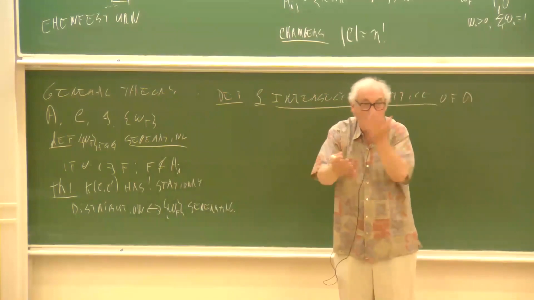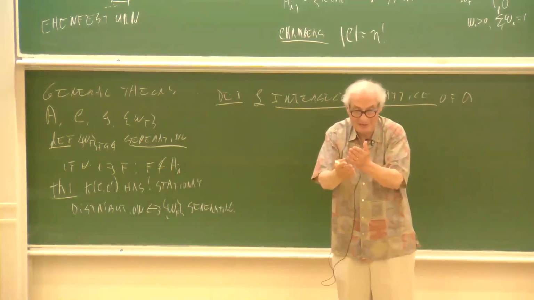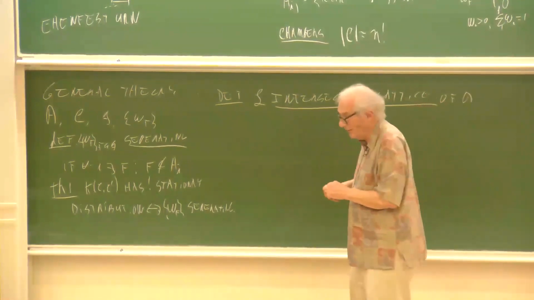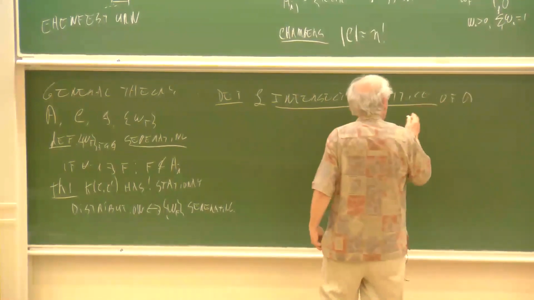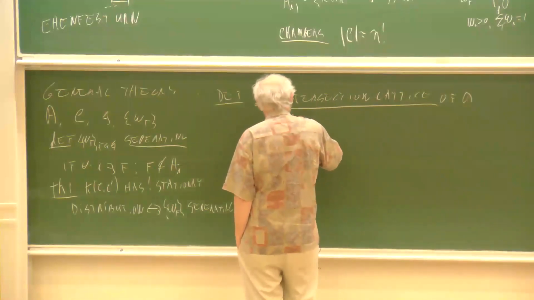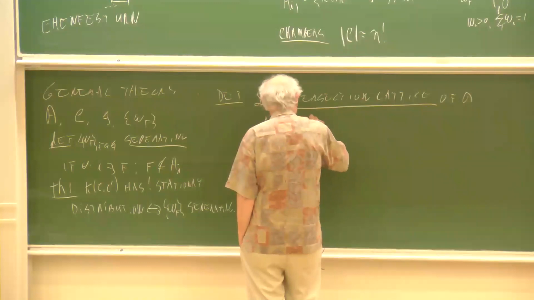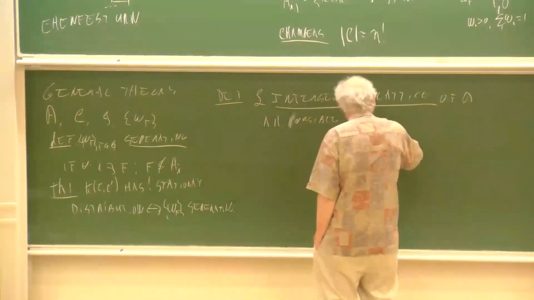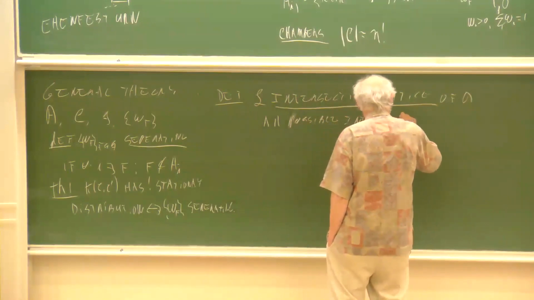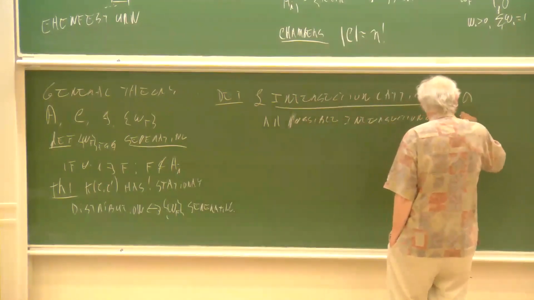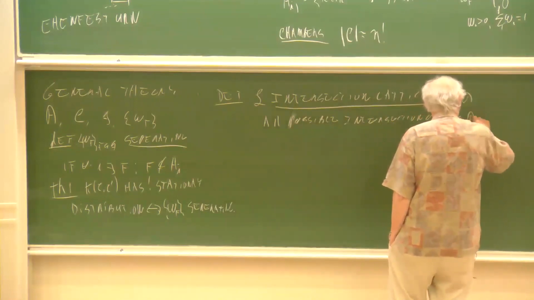The intersection of two hyperplanes is in the intersection lattice. All possible intersections of all the hyperplanes. That's called the intersection lattice. It's a distributive lattice. The intersection lattice of A is all possible intersections of H contained in A.